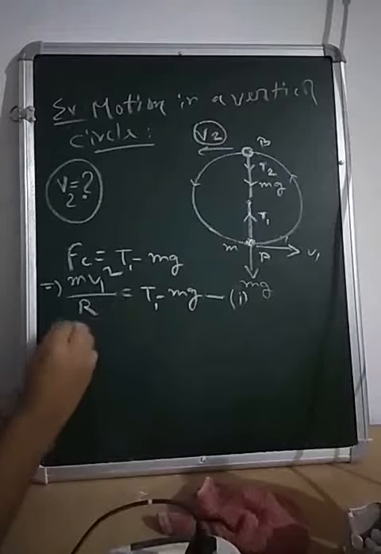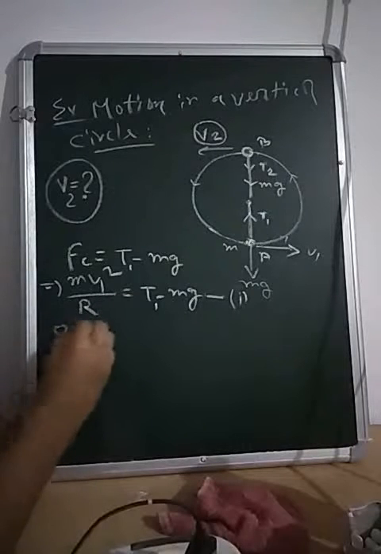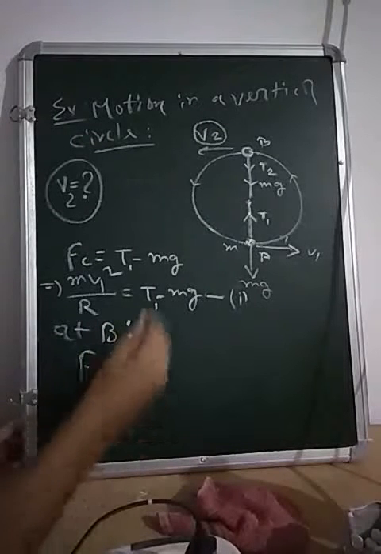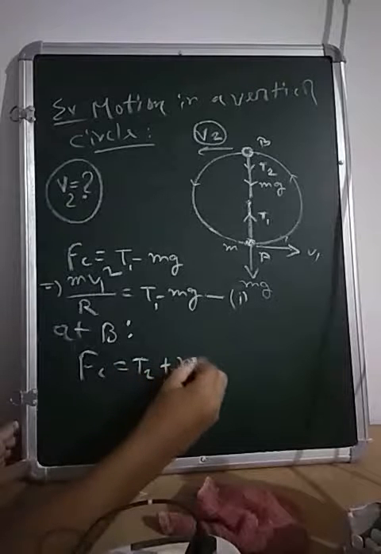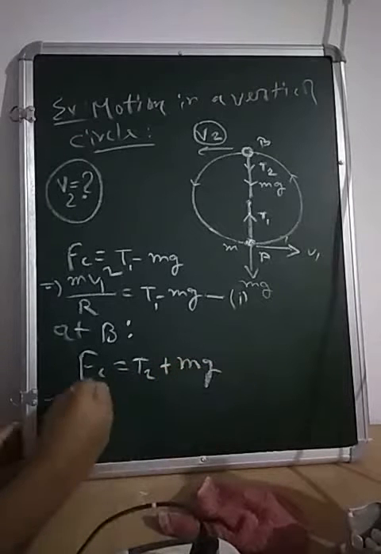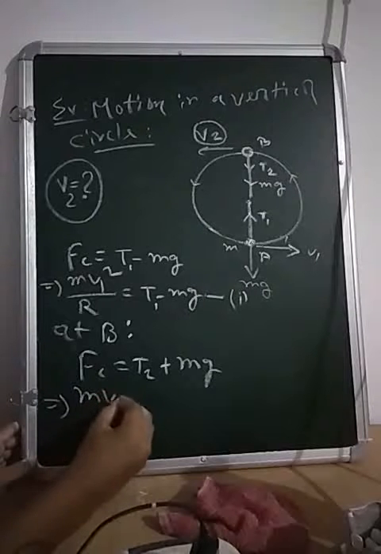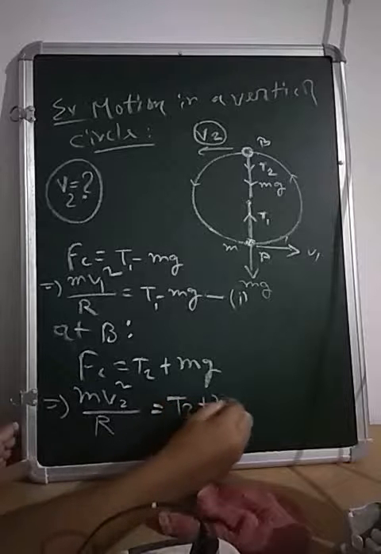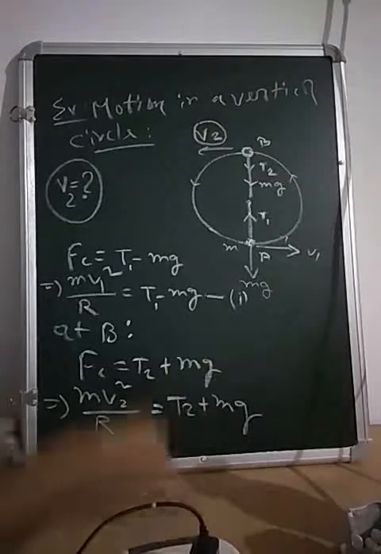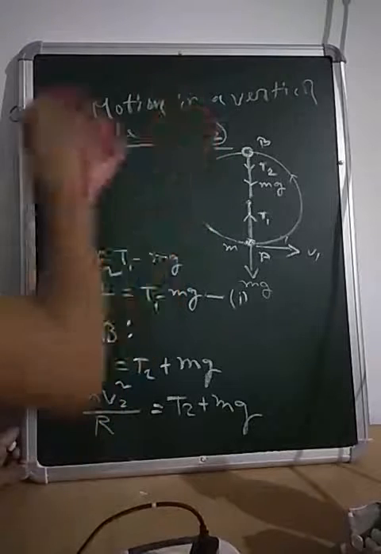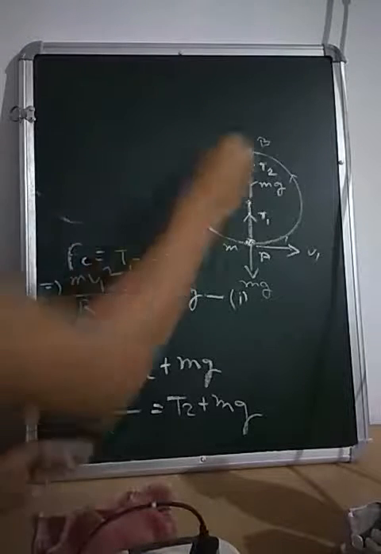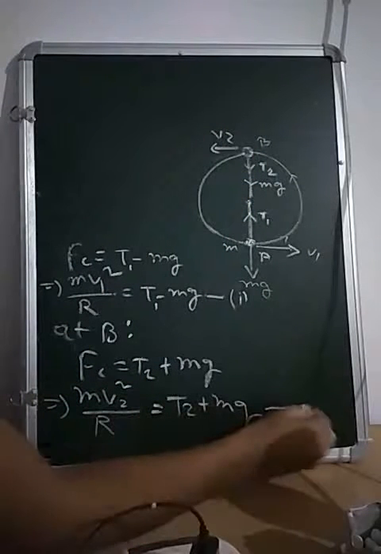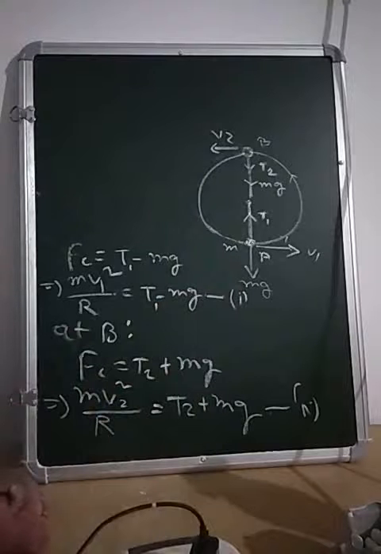Suppose this position is A and this position is B. At position B, the centripetal force will be T2 plus mg, or m v2 squared by r is equal to T2 plus mg. Okay, so this is equation 2.